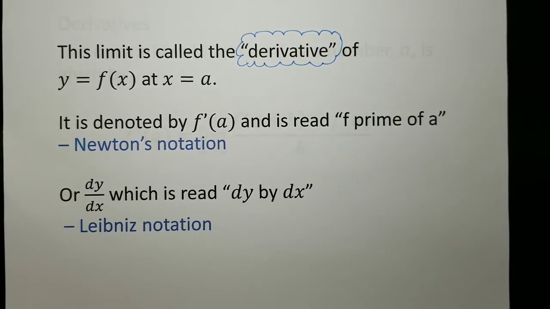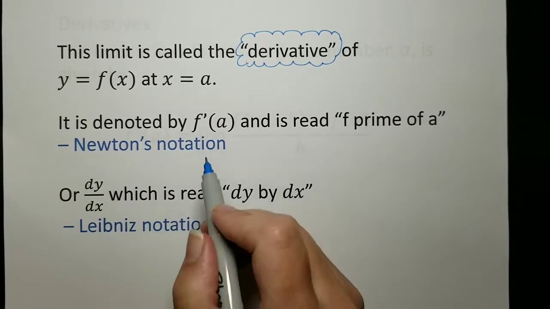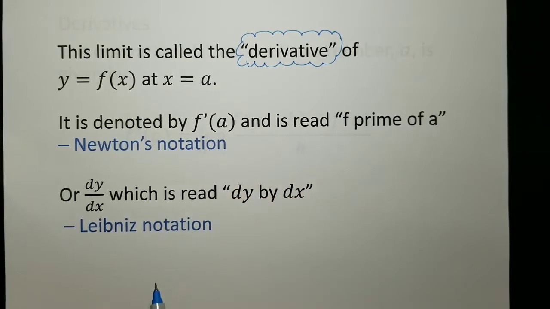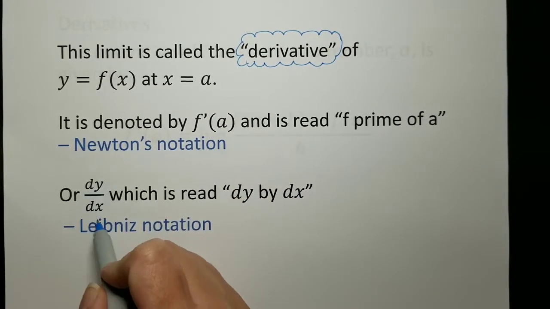There's different notation for this, and if you watched that video that was linked in the earlier introduction to this unit with the Newton and Leibniz calculus controversy, Newton denoted this f prime of a, and Leibniz used this notation dy dx.